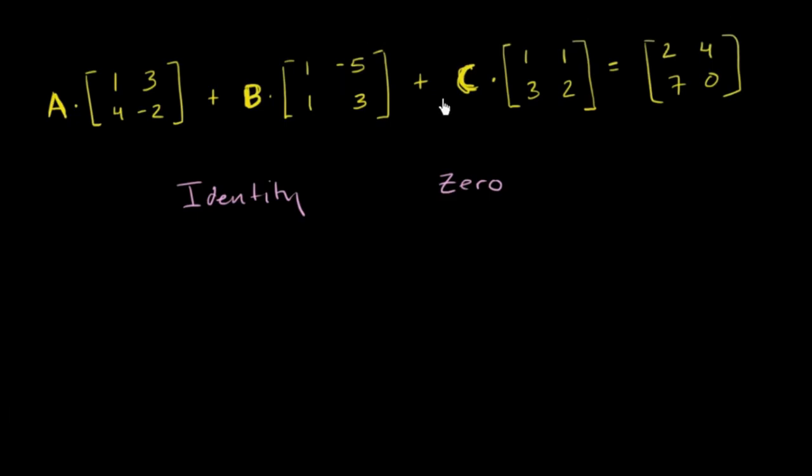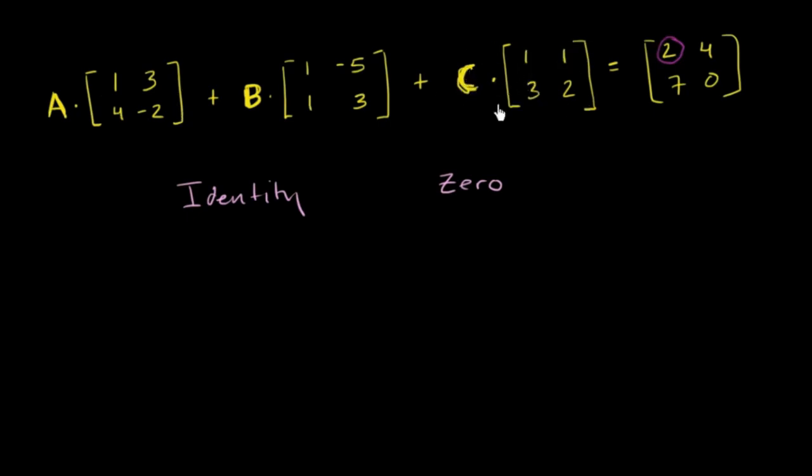I'm assuming you've given a go at it. So let's go entry by entry. If you look at this first entry right over here, how can we get a 2 for this top left entry? Well, when we multiply, if any of these are identities, then essentially you just get the value of the matrix. If any of these are 0, then essentially that product doesn't get added.